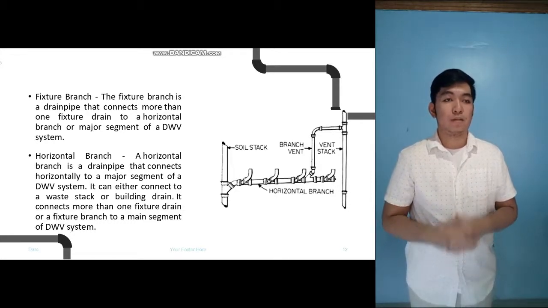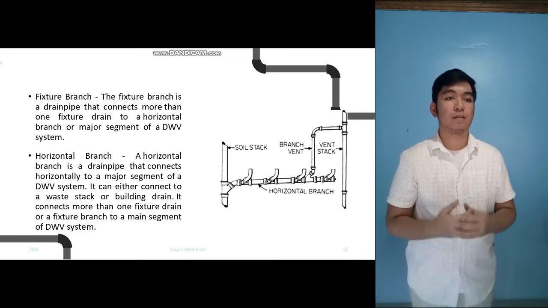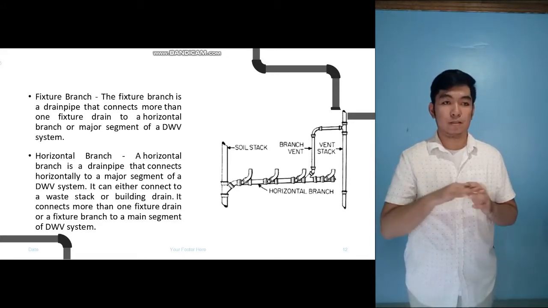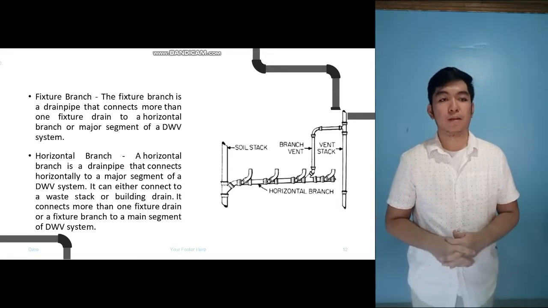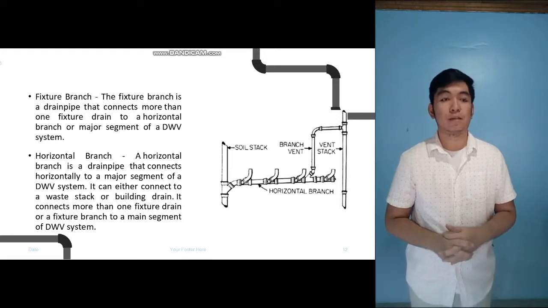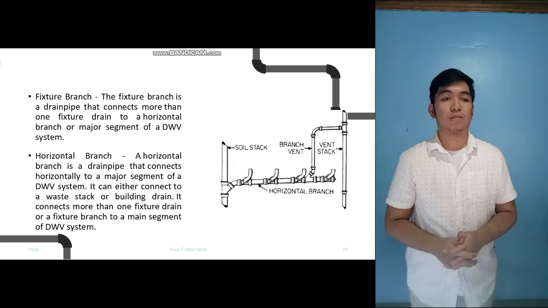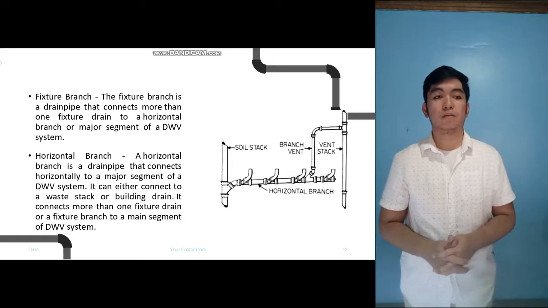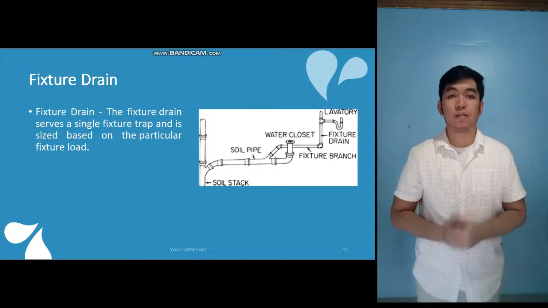Next is the horizontal branch. A horizontal branch is a drain pipe that connects horizontally, literally horizontal, to a major segment of a DWV system. It can connect to either a waste stack or a building drain. It connects more than one fixture drain or a fixture branch to a main segment of the DWV system. Next is the fixture drain.